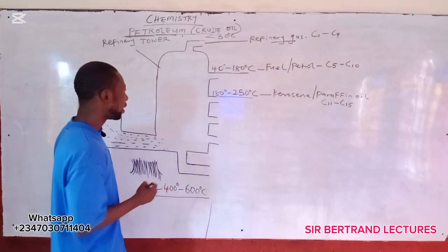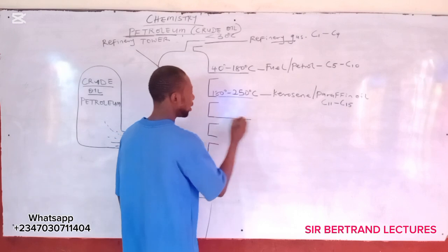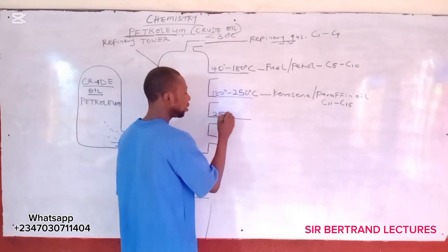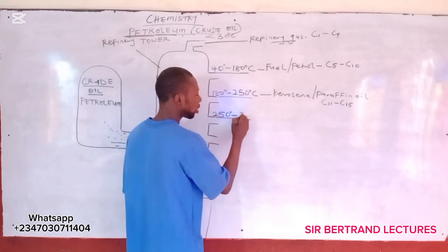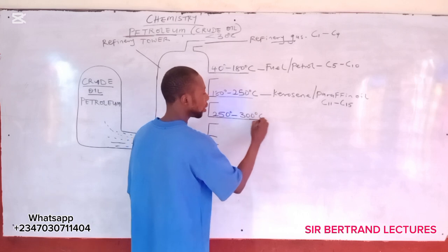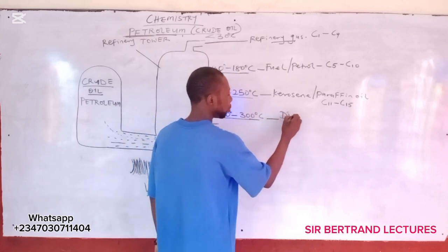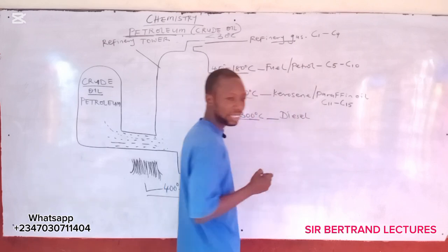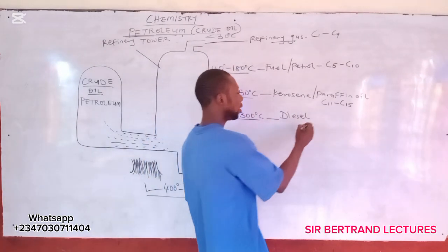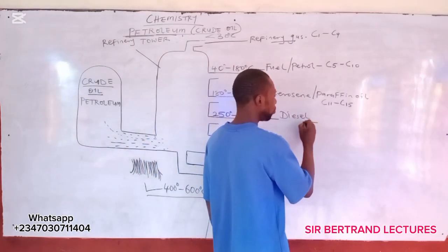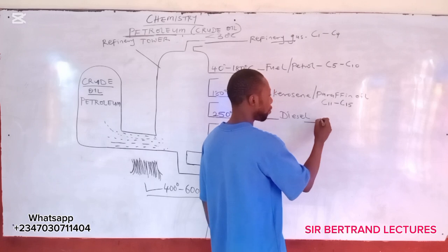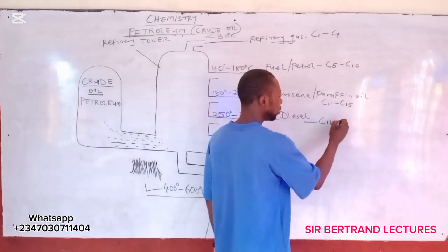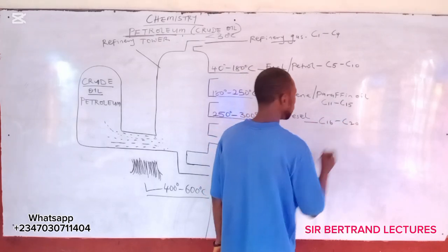After that, the next is produced in the range of 250 to 300 degrees Celsius, and that is diesel. Diesel is known as light gas oil. It comprises a mixture of chains of carbon 16 to carbon 20.